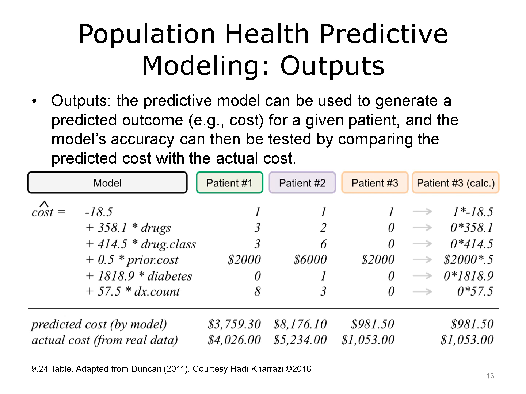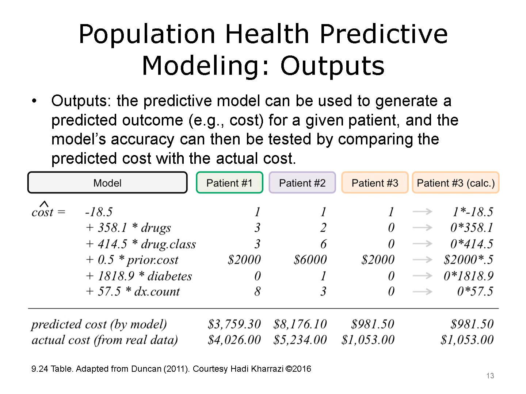Thus, the total predicted cost of this patient is minus 18.5 plus 0.5 multiplied by the patient's prior cost, which is $2,000. Therefore, the total cost for patient number 3 is calculated by the model to be $981.50. Calculation steps for patient number 1 and number 2 are not shown in this figure, but the total predicted cost can be found for each of them.